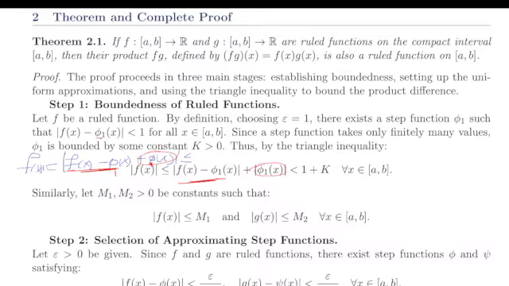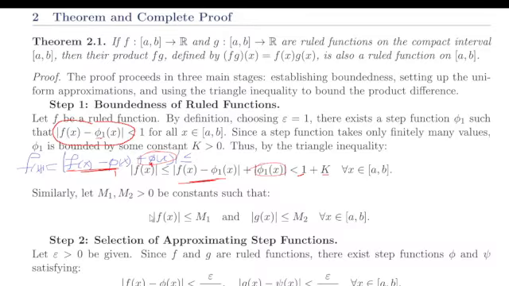So that's going to be less than, well, we said that the absolute value of f of x minus phi 1 of x is less than 1. And then we know that phi 1 is a step function, and that's obviously bounded because it's a constant. So we'll say that phi 1 of x is equal to k in this interval. So then the absolute value of f of x is less than 1 plus k.